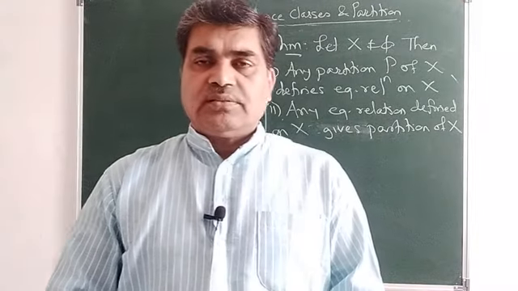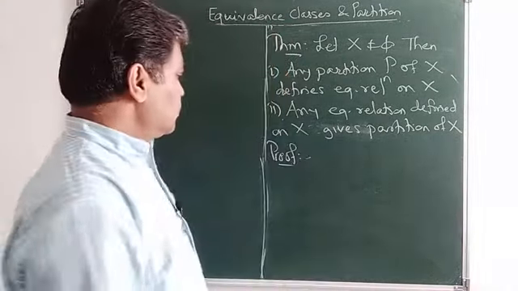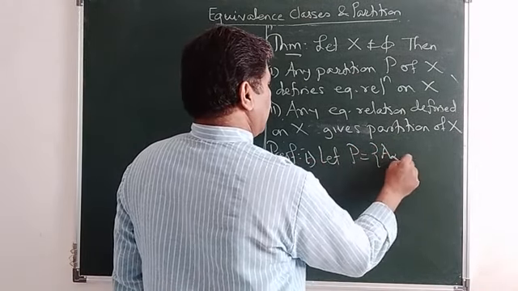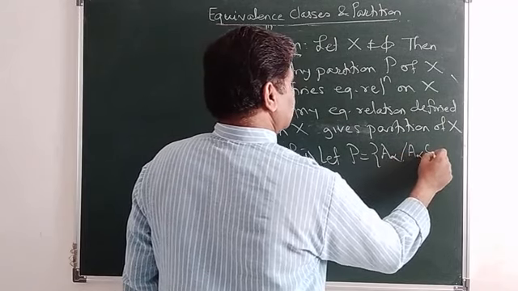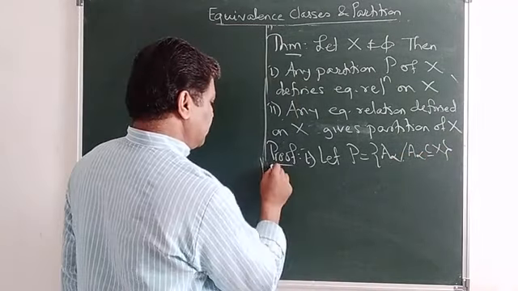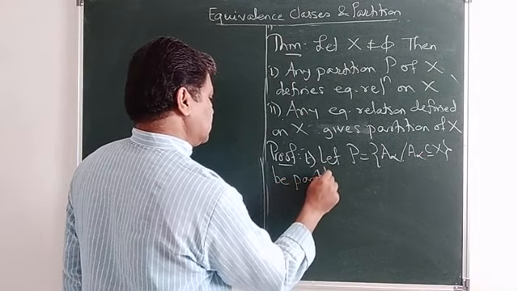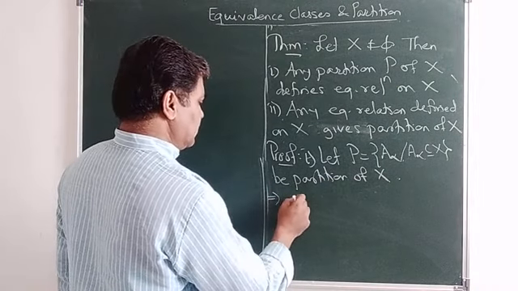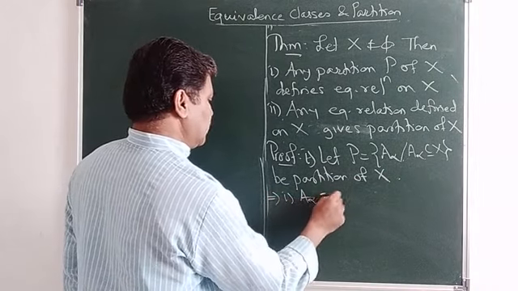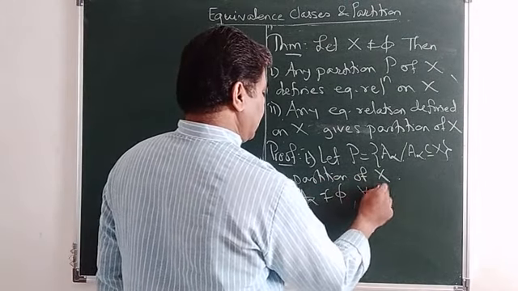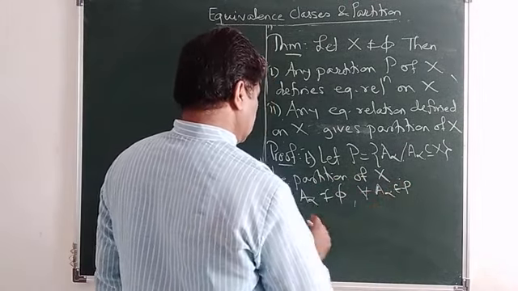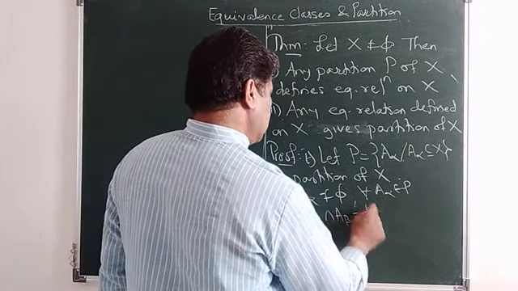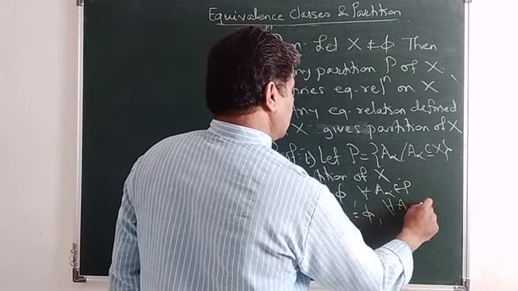So we'll take some partition of X. Okay. So let P is equal to the set of A alphas, subsets of X, be a partition of X, which implies first, A alpha is not equal to phi for every A alpha belonging to P. Second, A alpha intersection A beta is phi for any A alpha not equal to A beta.